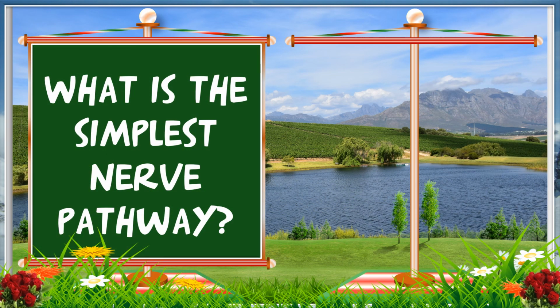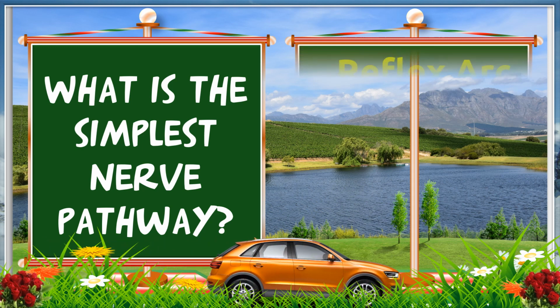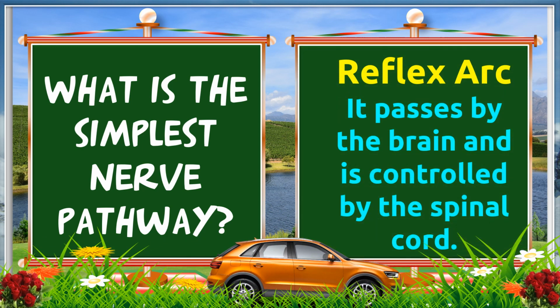What is the simplest nerve pathway? Reflex arc. It passes by the brain and is controlled by the spinal cord.